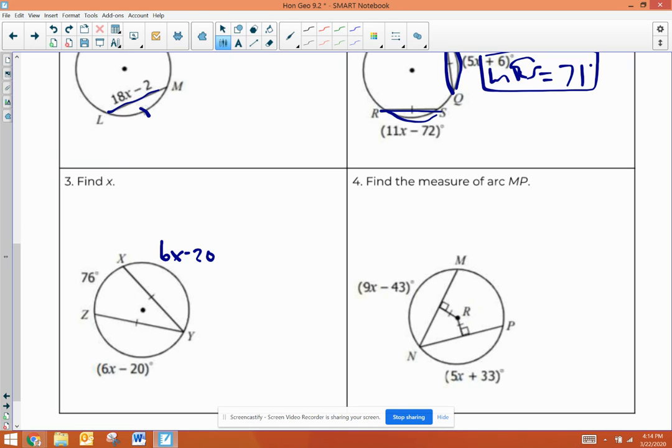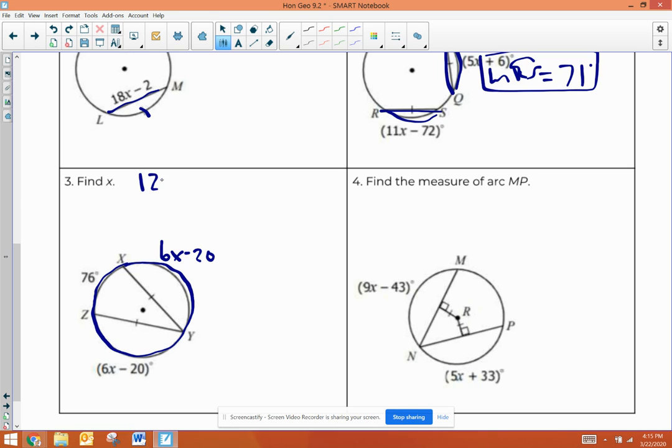Neither XY nor ZY is a diameter, so I can't add them and set equal to 180. But if that's arc XY, and that's arc YZ, and that's arc ZX, that's the whole circle. So I can add all of those up and set equal to 360.